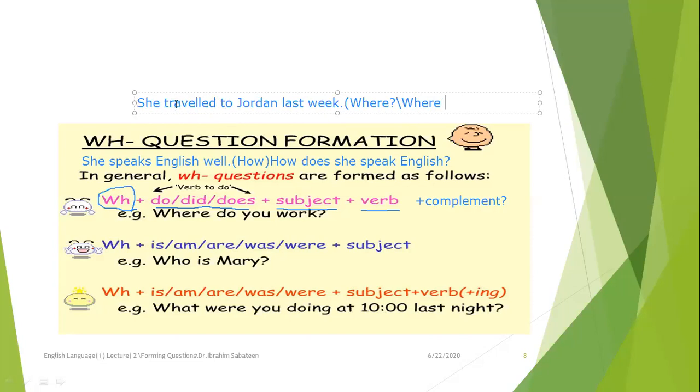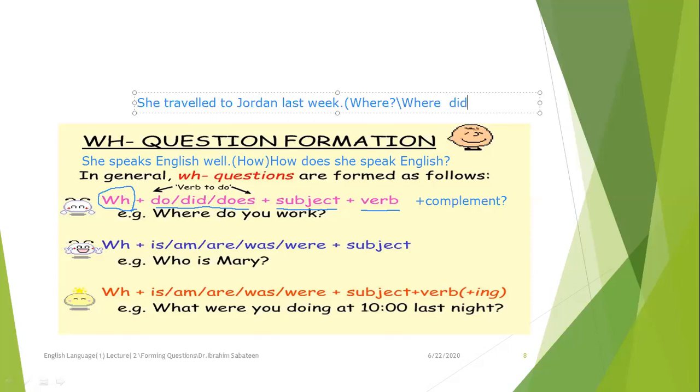So I have to derive it from the verb traveled. Okay, it's past. ماضي. في عندي ed. معناته I have to derive did. Where did.